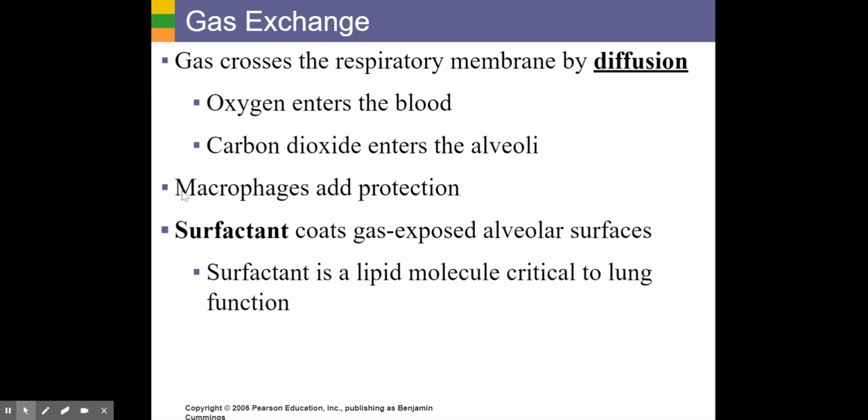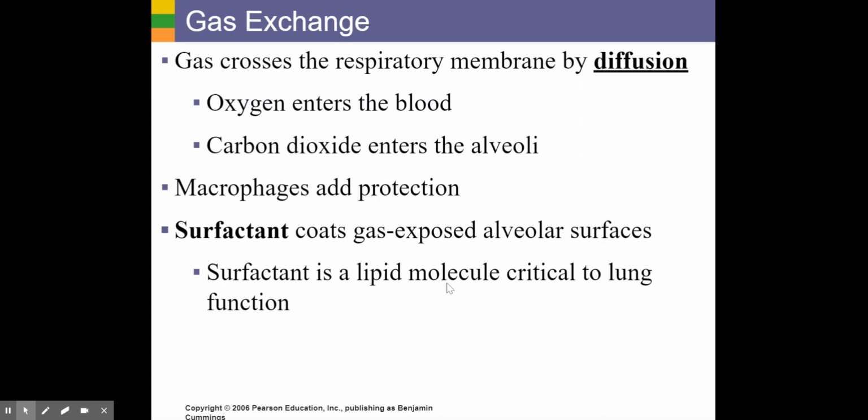We do have a couple of protections here. The first one is that there are white blood cells known as macrophages that are available to make sure that any pathogens, either bacterial or viral, that make it into the respiratory system can be taken out there. And then there's also a substance that is produced inside of the lungs called surfactant. What it does is it aids in that process of moving things back and forth.